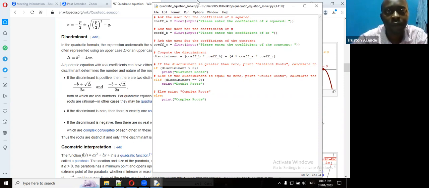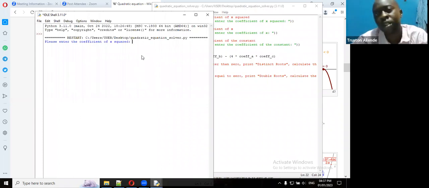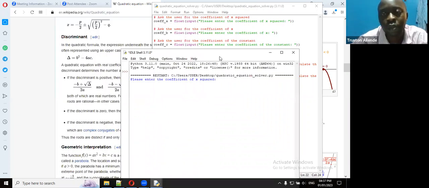Save, run. Now, a set of values that has a double root will be 1, 7, 10.